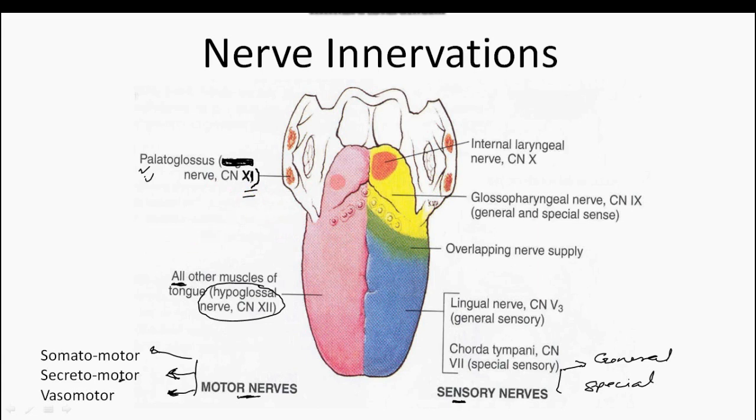This is a very important, frequently asked question, a FAQ, during your viva and MCQ. Which nerve supplies the palatoglossus? Clear? So all the muscles are supplied by the hypoglossal nerve except palatoglossus. Palatoglossus is innervated by the 11th cranial nerve.